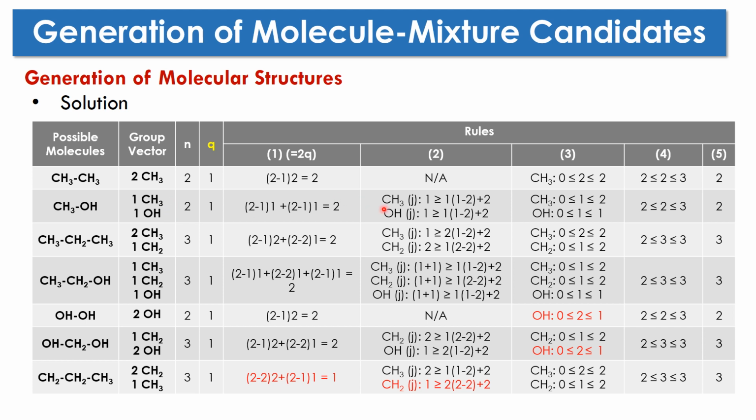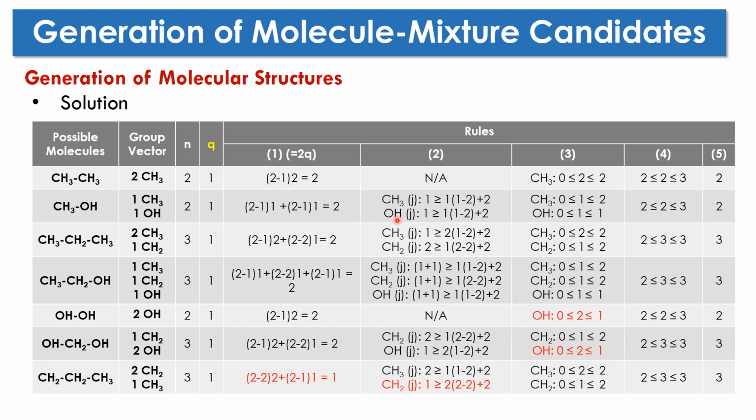So first, what we do is set one group as group J. For example, here we have CH3, so we set CH3 as J. And then when we want to use the equation, if you look at the equation, it is Ni, right? Since CH3 is J, I is OH.